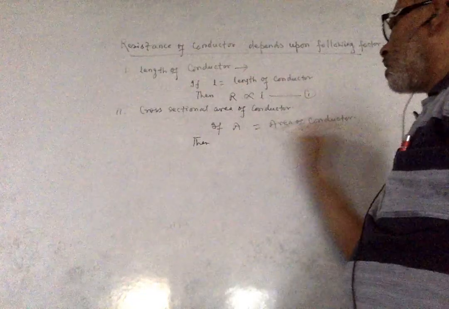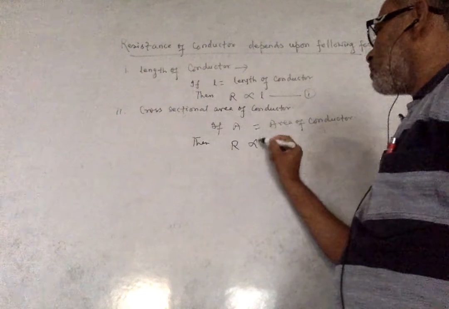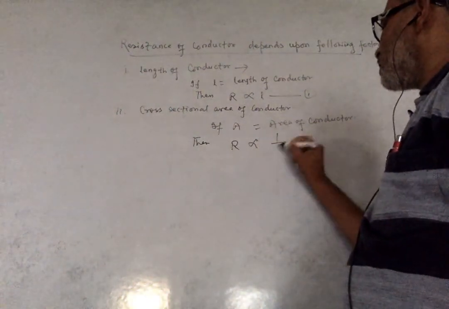If A is the area of the conductor, then R varies inversely as A.